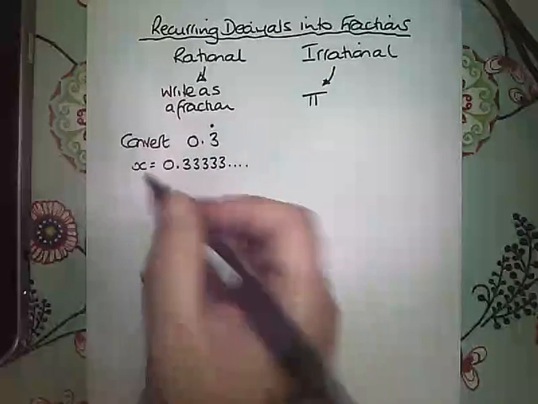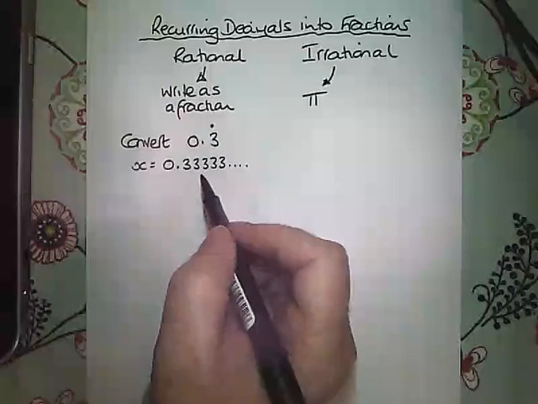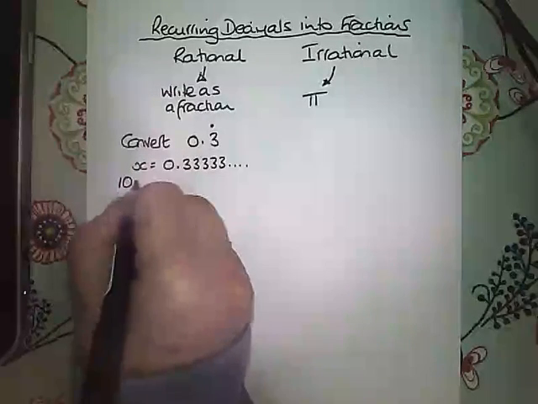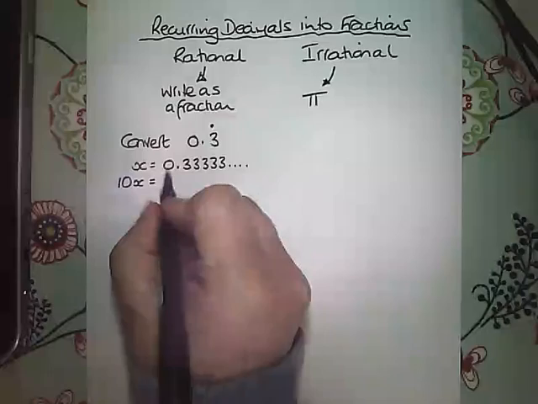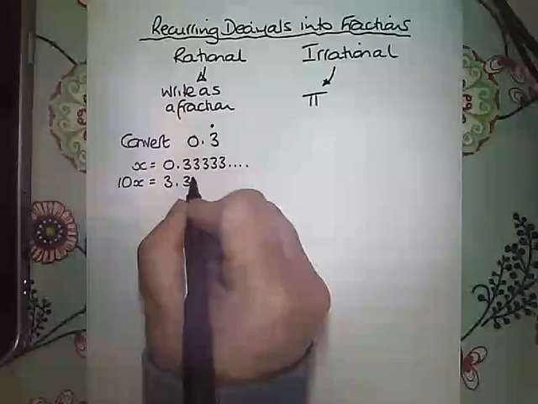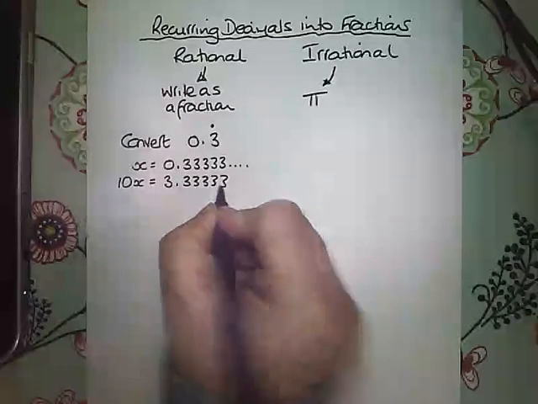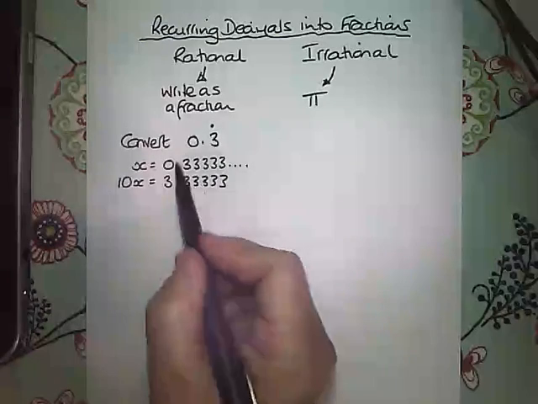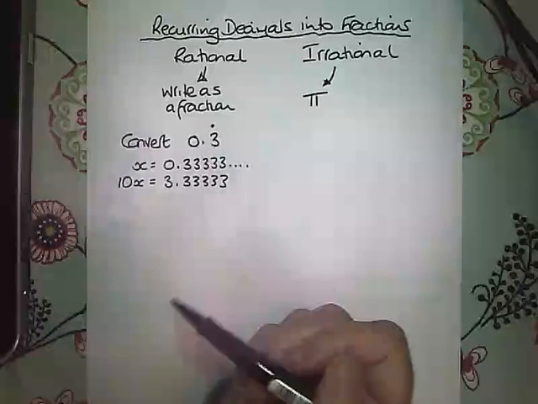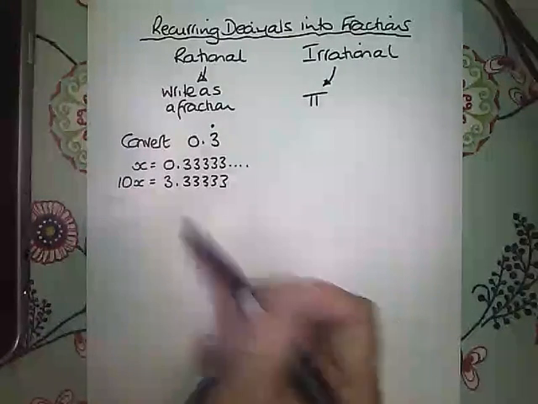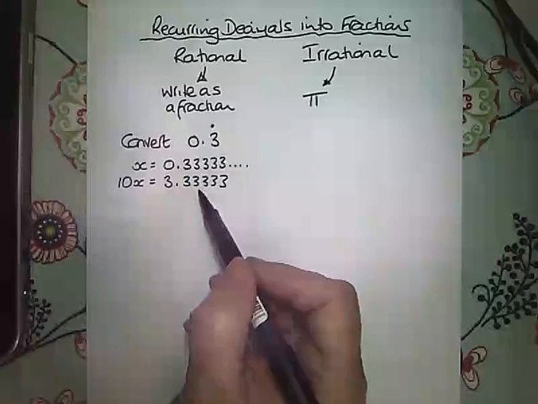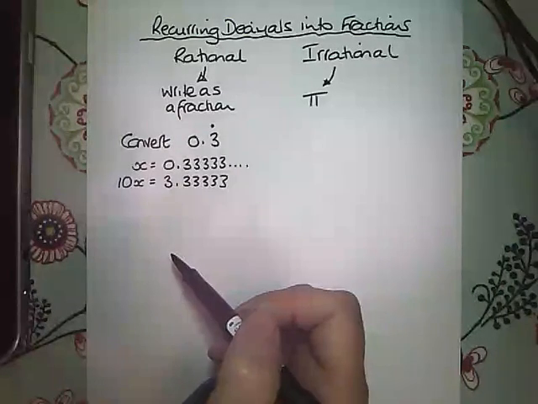If we times both sides of this equation by 10, on this side we get 10x, and on this side we get 3.33333. And you can see here that the decimal places on each one match up. So what happens if we subtract one from the other? The recurring decimal part is going to cancel out.